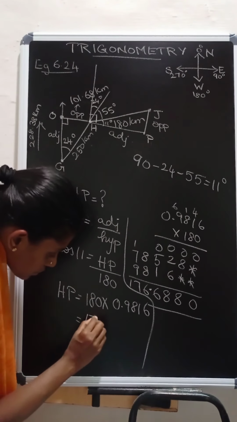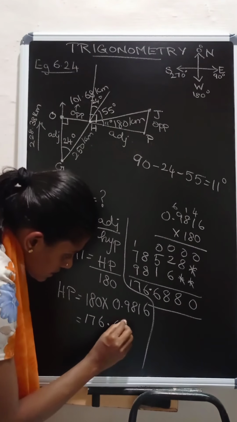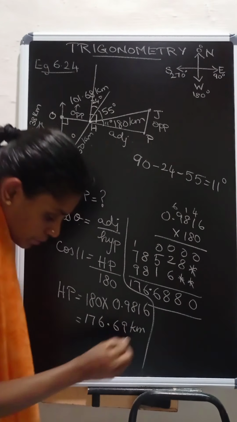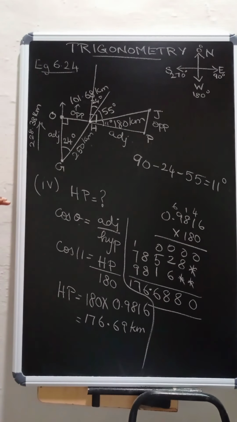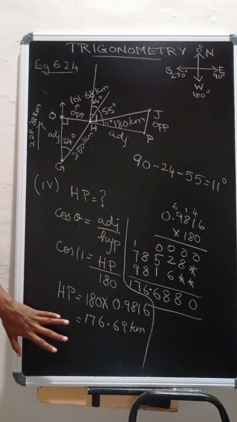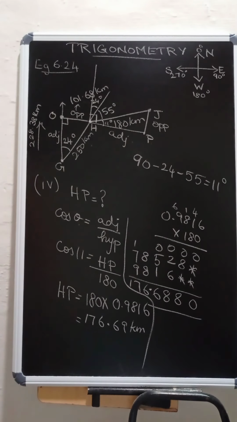So which is equal to 176.69 kilometers. So how far is J to the east of H? 176.69 kilometers.